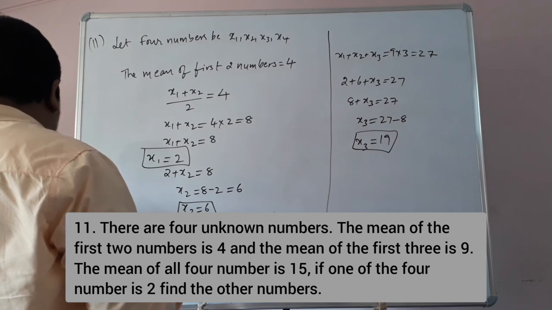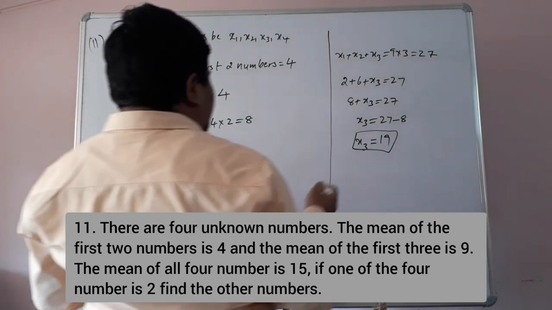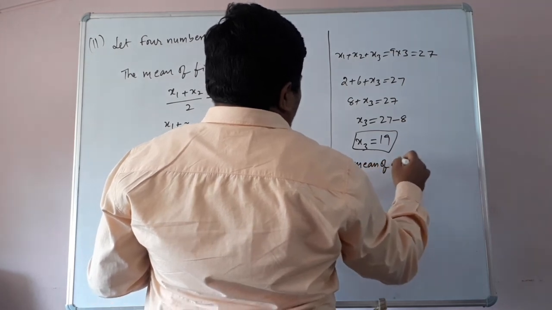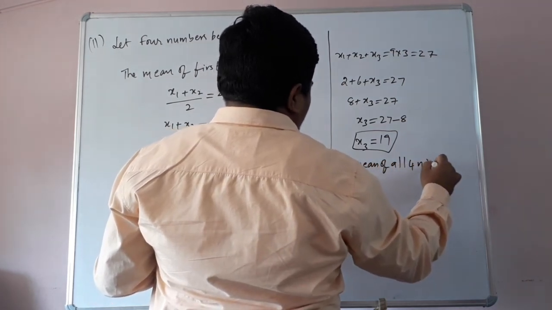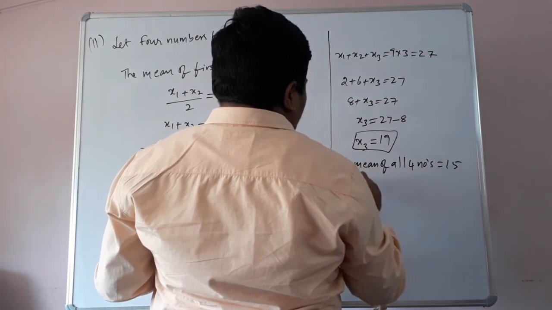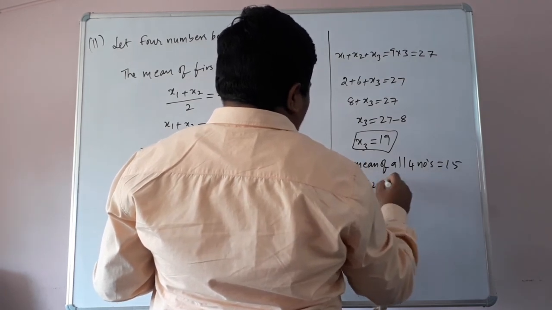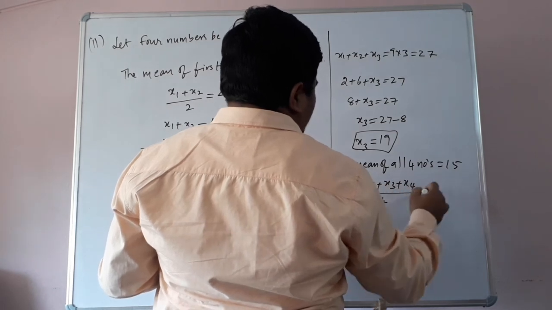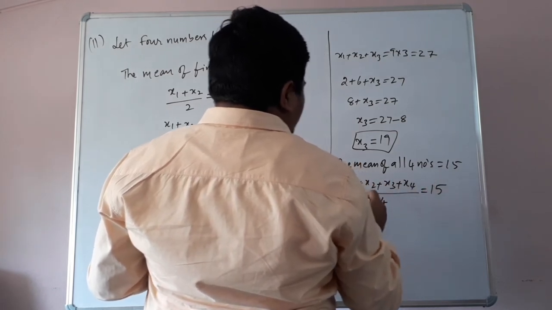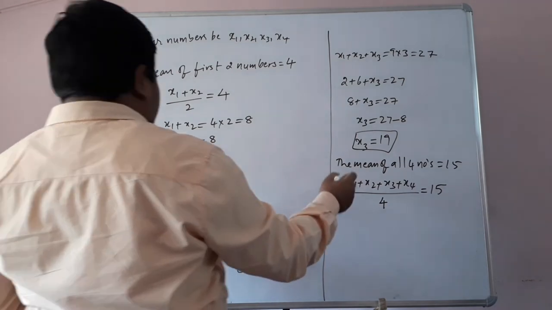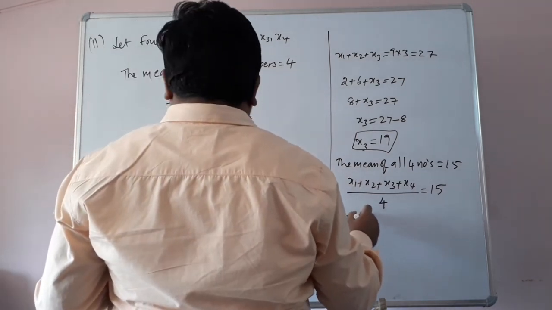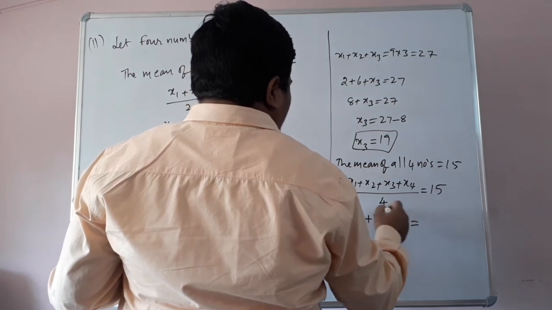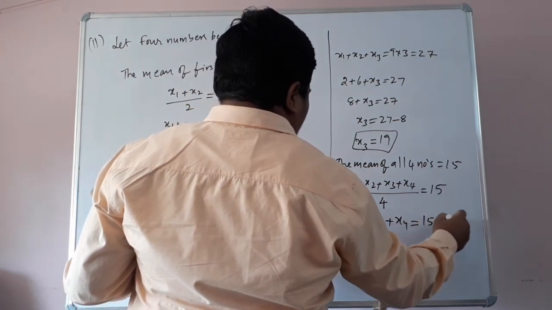Now the mean of all 4 numbers is 15. So x1 plus x2 plus x3 plus x4 by 4 is equal to 15, children. Substituting x1, x2, x3 values: 2 plus 6 plus 19 plus x4 is equal to 15 into 4, which is equal to 60.